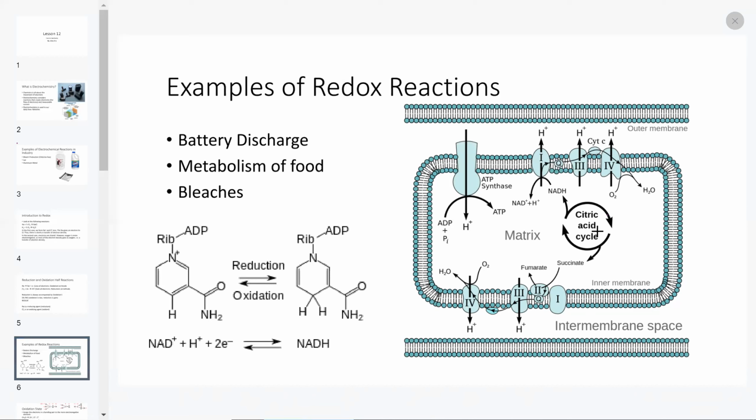Inside the mitochondrial matrix, we have a high pH, and outside the mitochondrial matrix, we have a low pH. So this means we have a difference in H+ concentrations. So the H+ will kind of want to diffuse into the mitochondrial matrix.